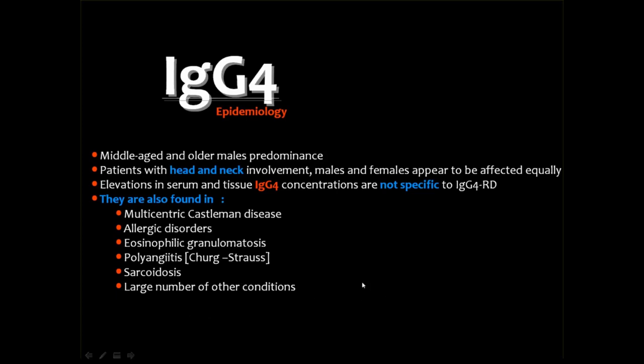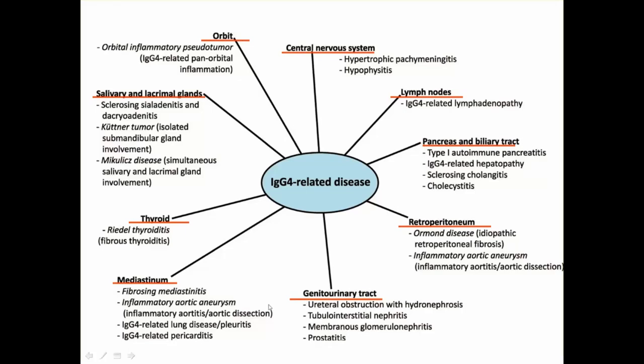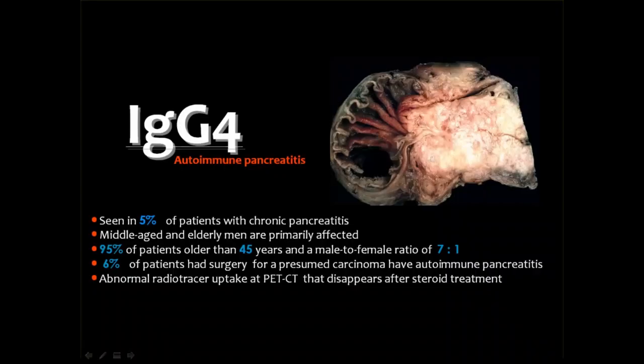Then we depend for the diagnosis on some of the characteristic imaging findings, some of the laboratory findings, and the considerable or the prominent response of these conditions to corticosteroids. We have, as I have mentioned, a lot of diseases in the orbit, in the CNS, in the lymph nodes, in the biliary tract, retroperitoneum, GIT, thyroid, mediastinum, salivary, and the lacrimal glands.